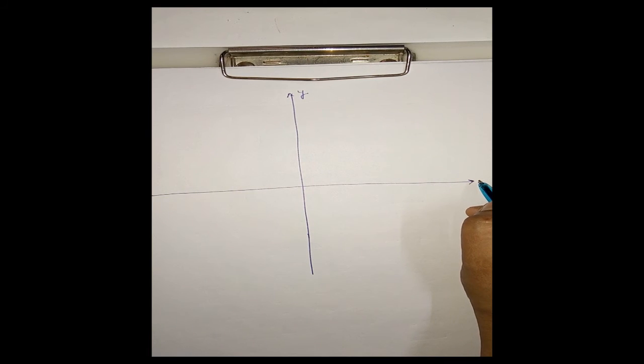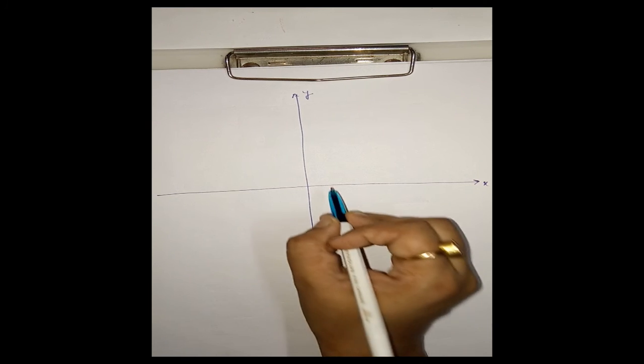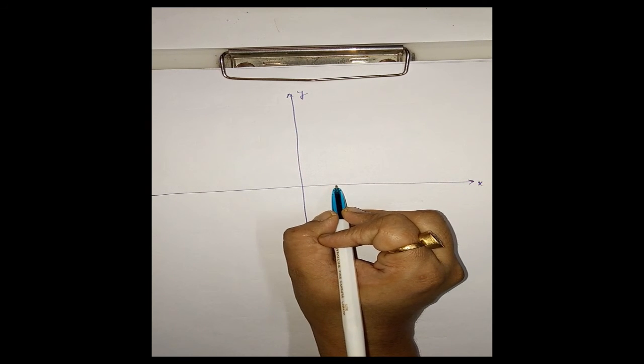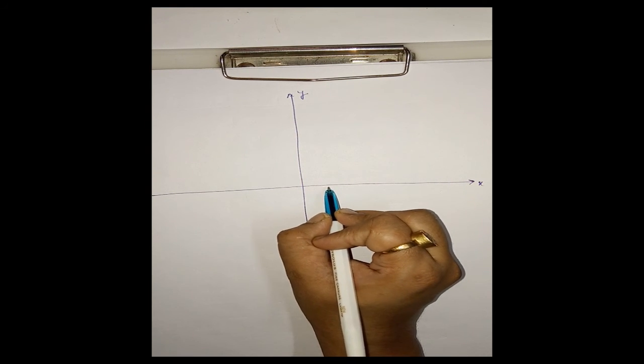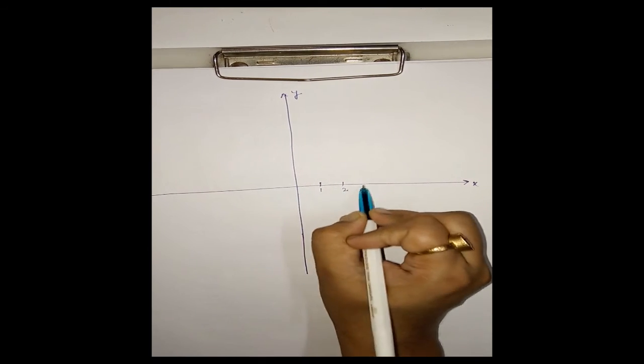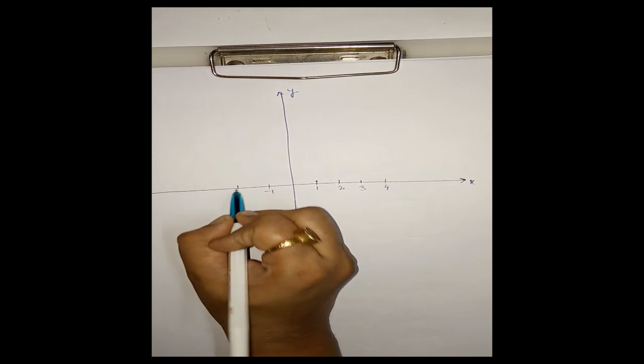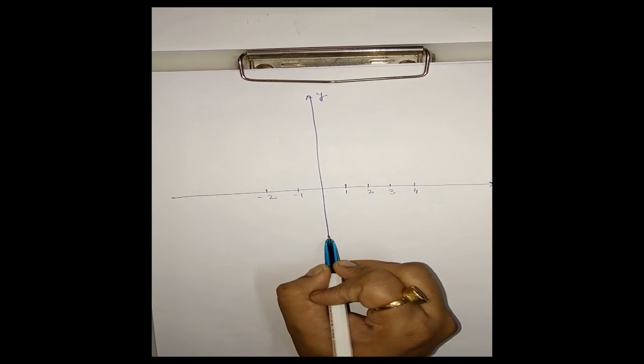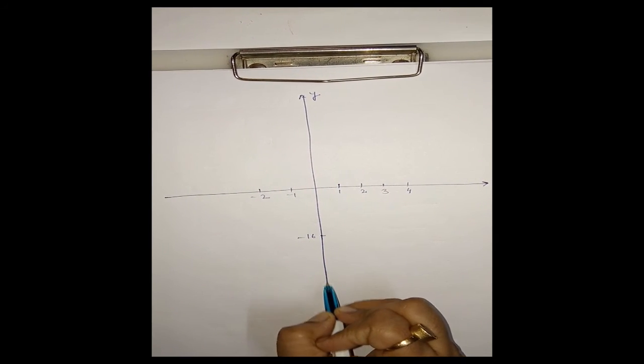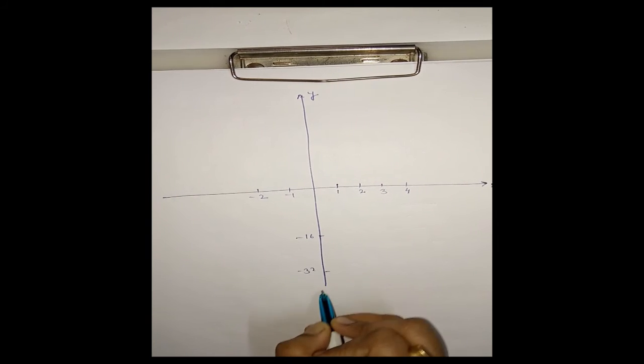My tangent is, we have found tangent at the point minus 2, 0. Okay, now let us plot this graph. Points are, this is 1, 2, 3 and 4. Here take minus 1, minus 2 and minus 16 somewhere here, and minus 32 somewhere here.